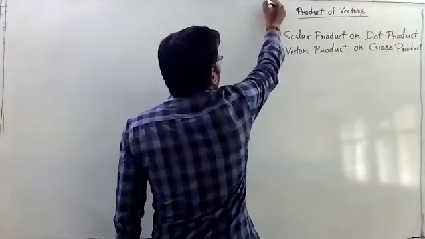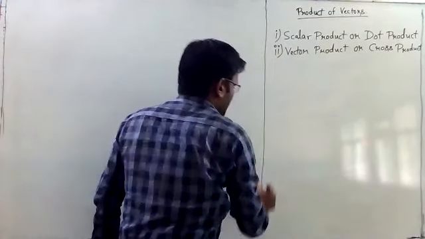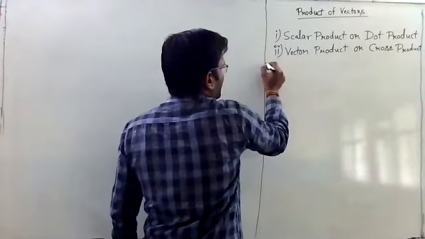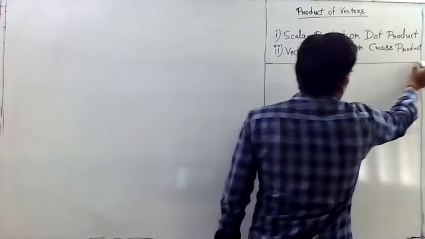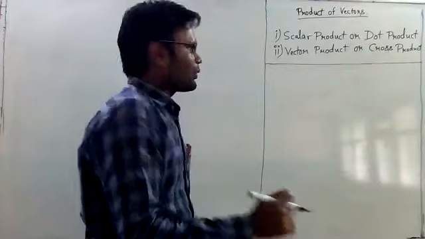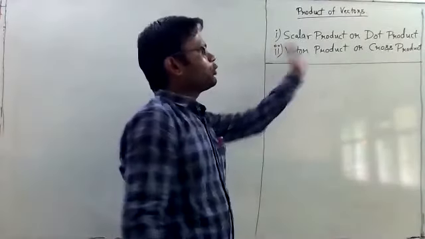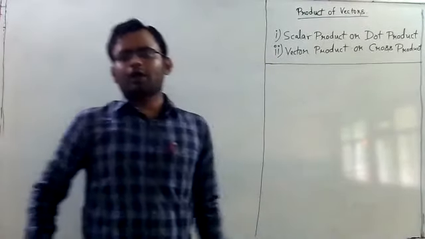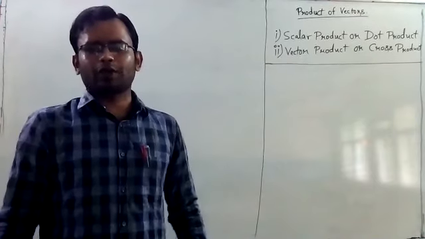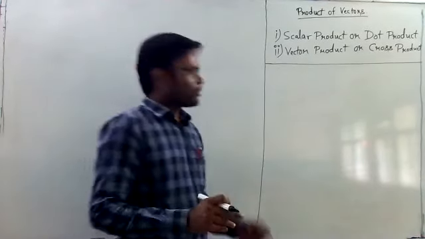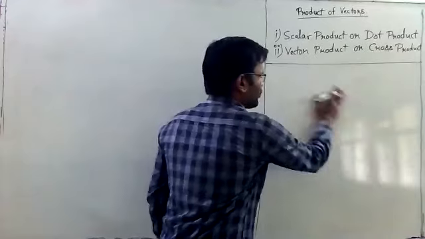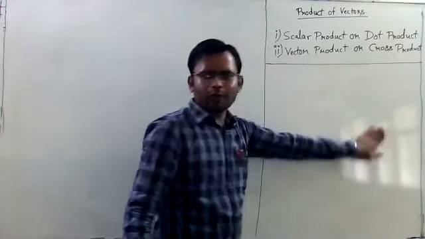So here we will first start with the first type of product, that is the scalar product. Now in scalar product, when we multiply two vectors, the quantity which we get on multiplying these two vectors is a scalar quantity.